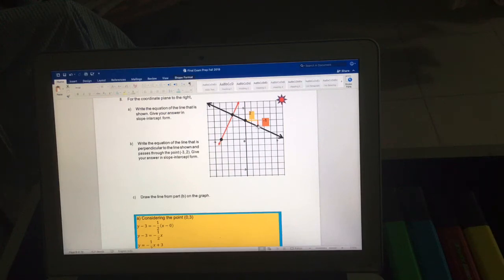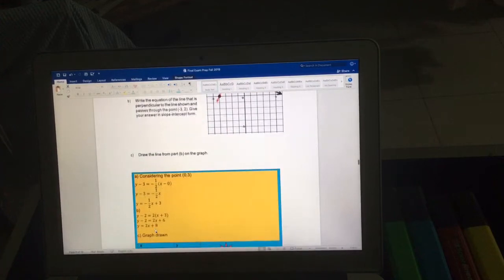Here I used the point 0, 3. Then I found the slope: this is x direction 2 and y direction down 1, so -1. That means slope is rise over run, so -1/2.